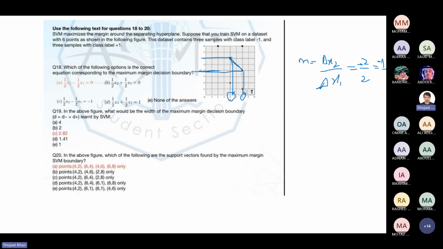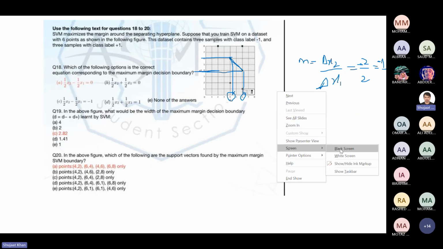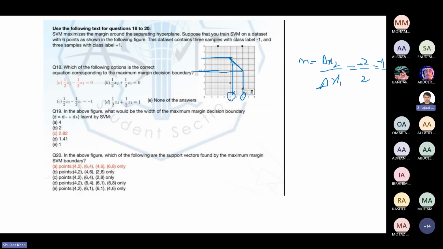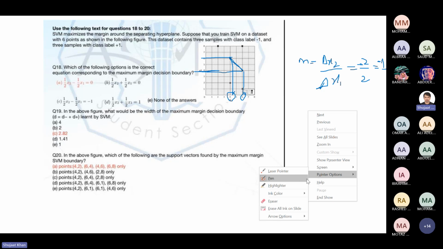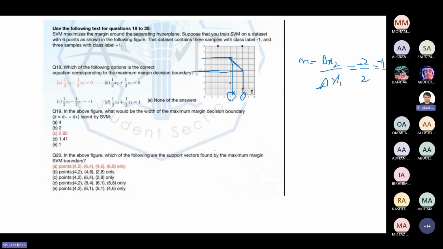Now we know the support vectors give the hyperplanes, and the margin is the orthogonal distance between two hyperplanes. The hyperplanes are orthogonal to this line.